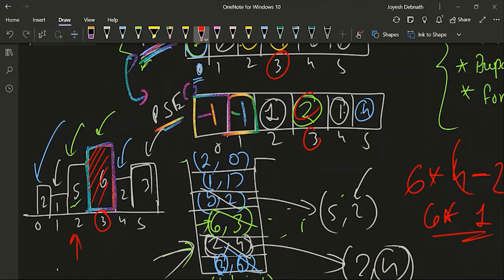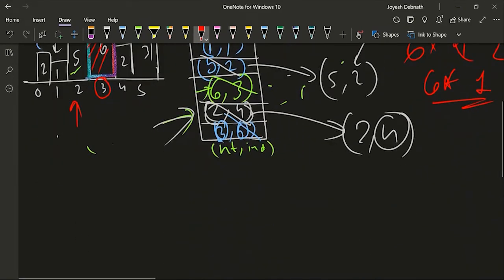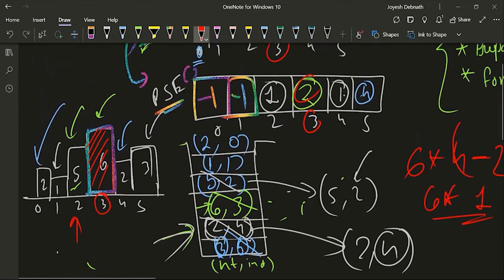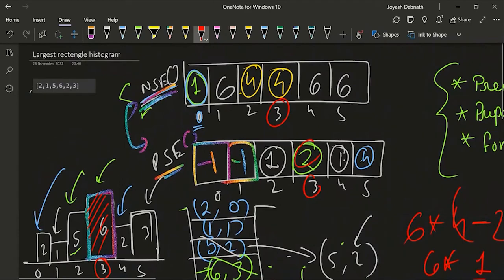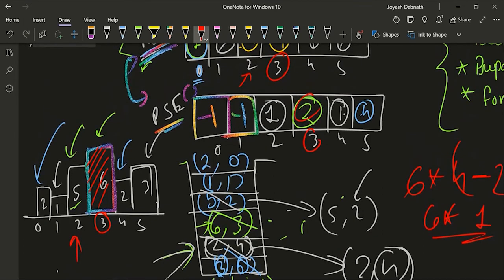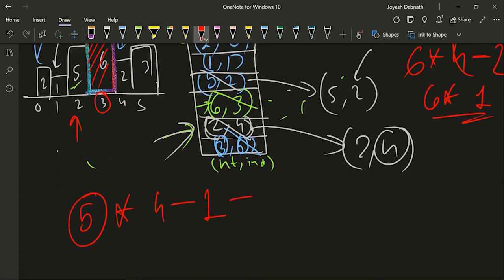Similarly, if we find out for this particular block, which is 5, then its contribution will be the height of this particular block into next smaller of this particular block, which can be found out from this array, which is 4, minus the previous smaller of this particular block, which can be found out from here, which is 1, minus 1.